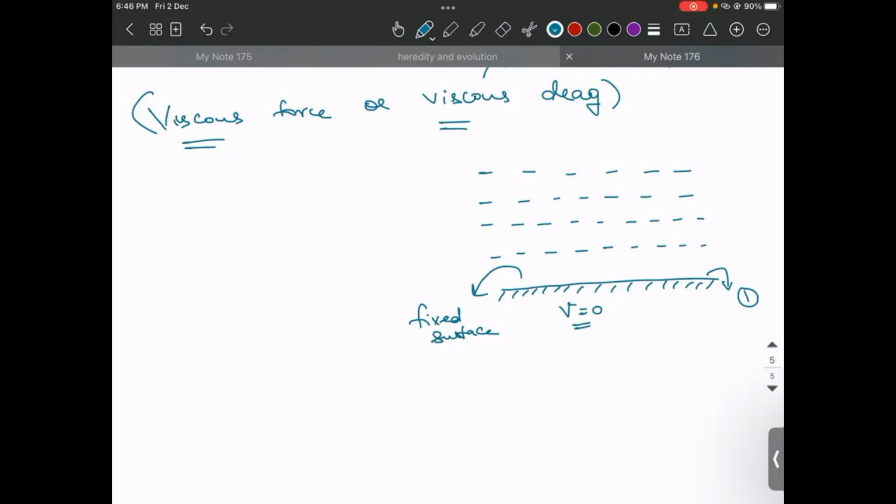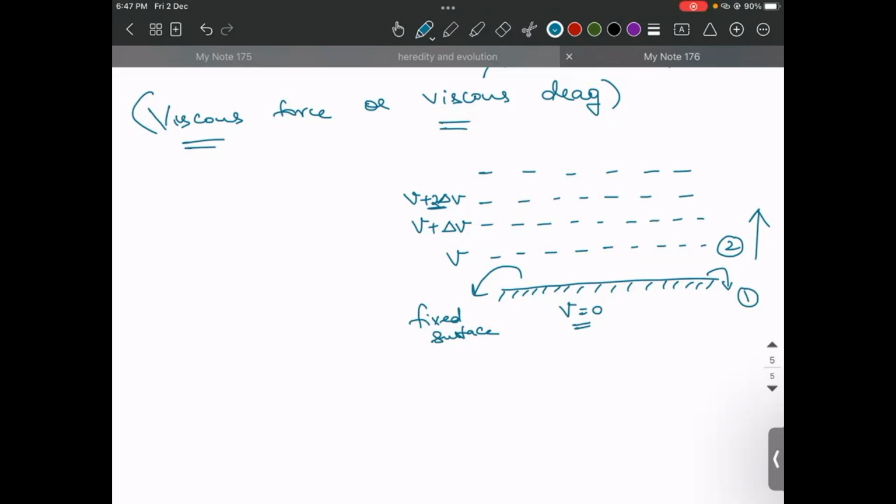Okay. Next, if I have a layer here, then here the velocity will be v. For instance, I'm calling it v. Then as I go above, the speed of the liquid will be v plus delta v. Then above that, the speed will be v plus 2 times delta v, because as you keep moving away from the fixed surface in the upward direction, the speed of the layer will be slightly greater than the layer below it.